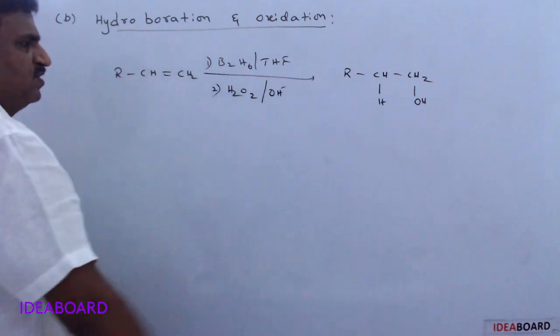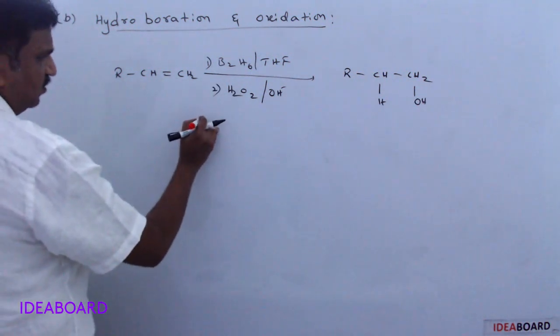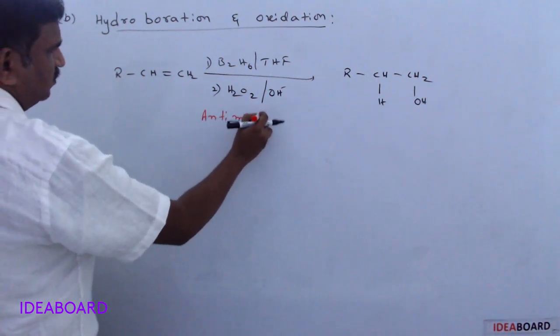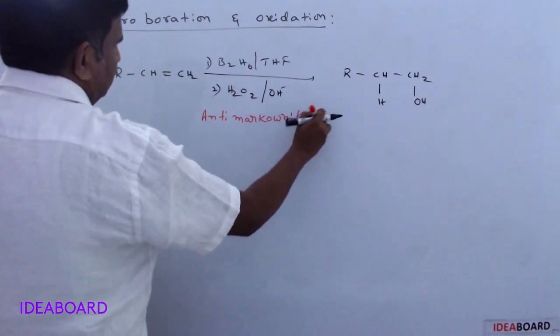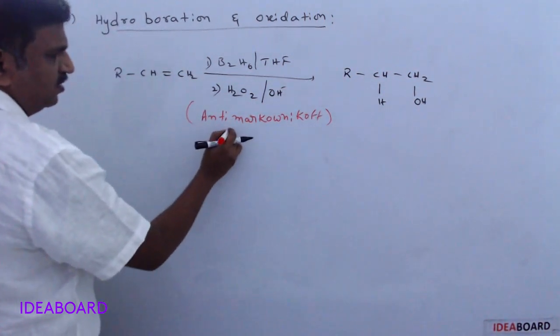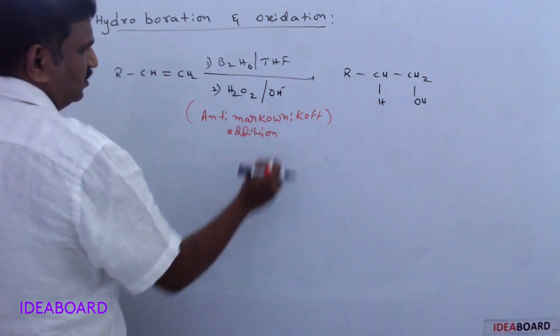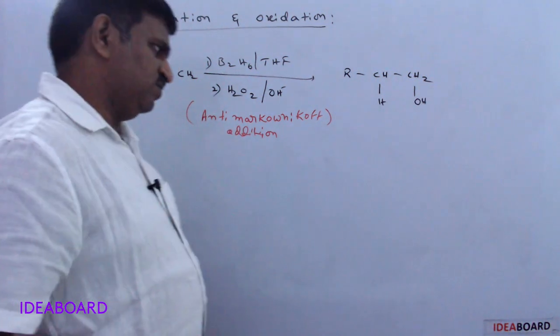The most important thing to remember here is that hydroboration oxidation is anti-Markovnikov addition. It is also called the Kharasch effect, peroxide effect, or Kharasch addition reaction.